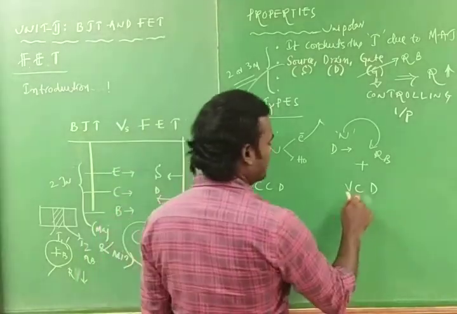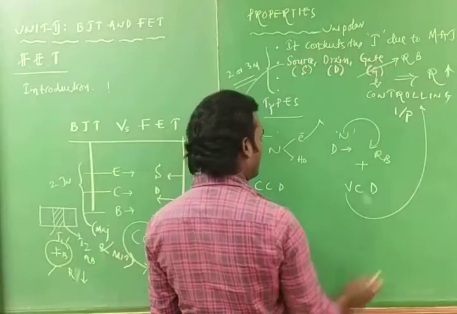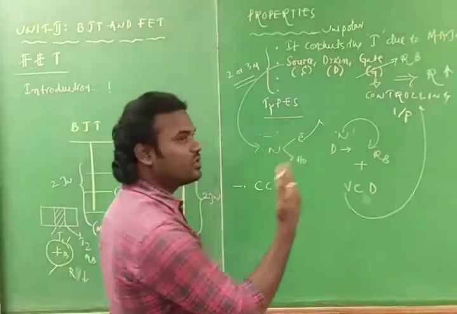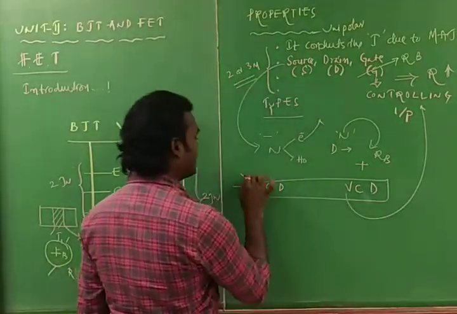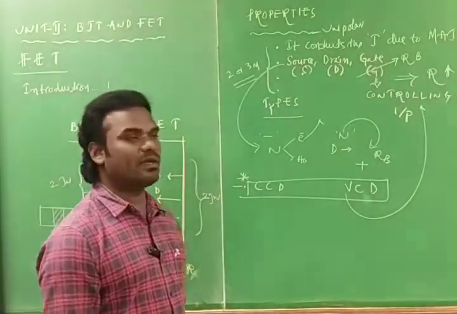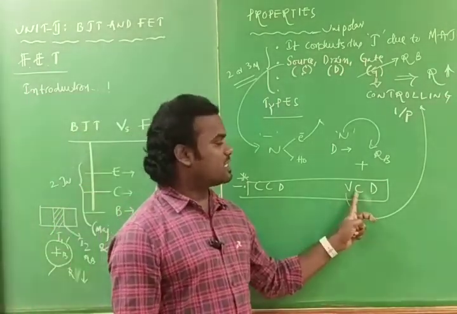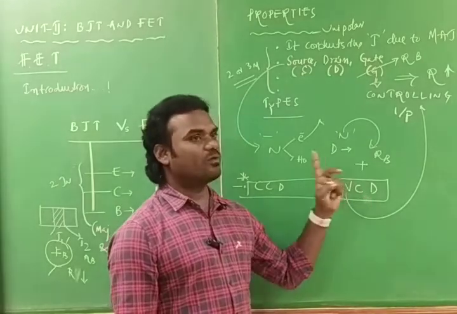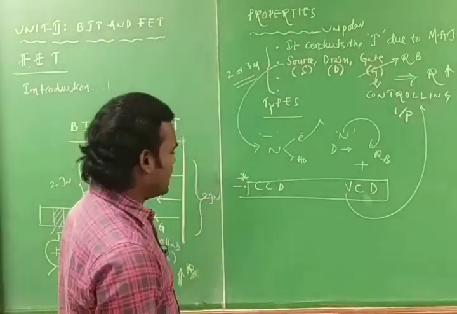That means the gate voltage is controlling the output current. This is a very important point: BJT is a current controlled device, meaning the output is controlled by the input current, whereas FET is a voltage controlled device, meaning the output is controlled by the input voltage.